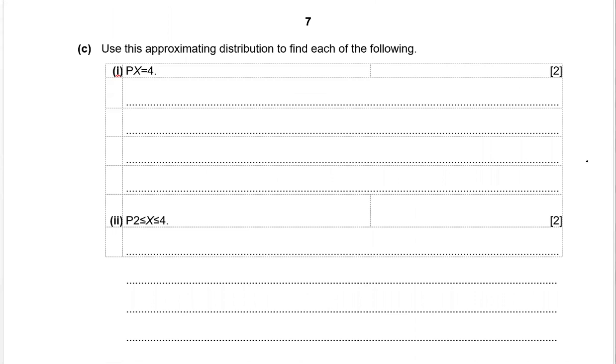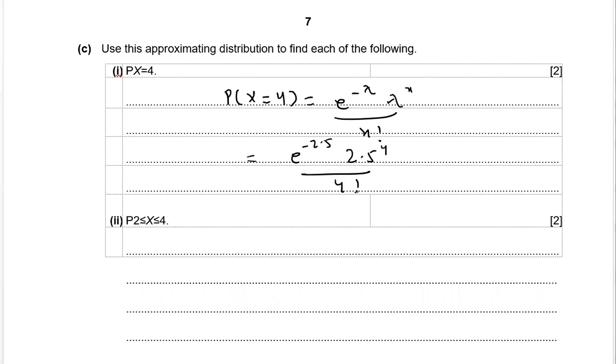So using this distribution, find the values of each. 4, it would be E minus lambda, lambda power x on x factorial, e power minus 2.5 dot 2.5 into 4 upon 4 factorial, and we are getting a value of 0.1336, 0.134.